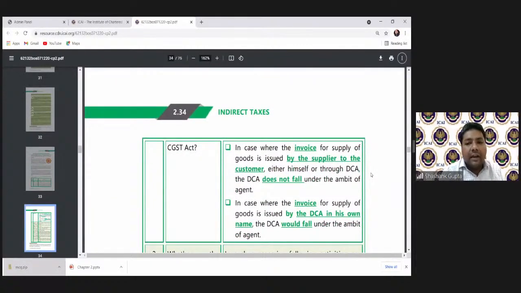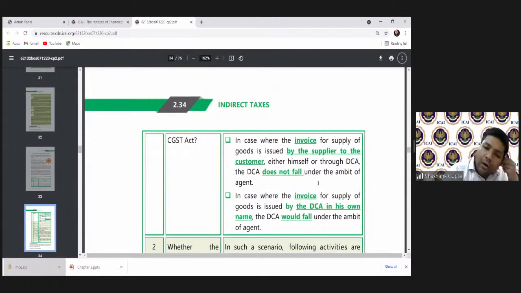In case where the invoice for supply of goods is issued by the supplier to the customer, either himself or through the DCA, the DCA does not fall under the ambit of agent. In case where the invoice for supply of goods is issued by the DCA in his own name, the DCA would fall under the ambit of agent.